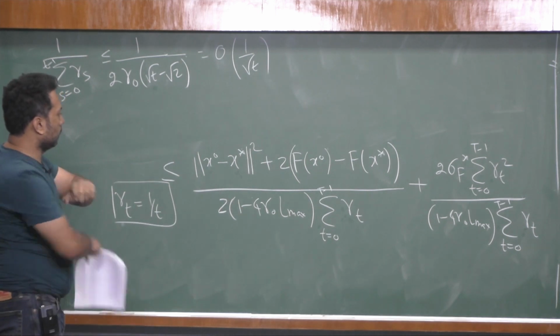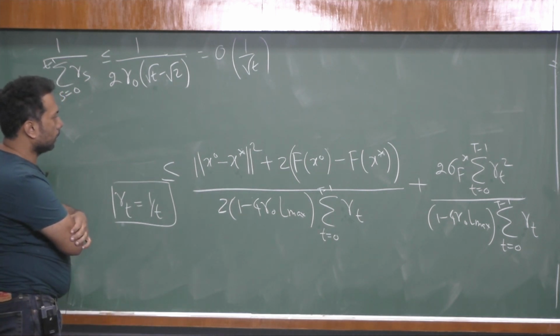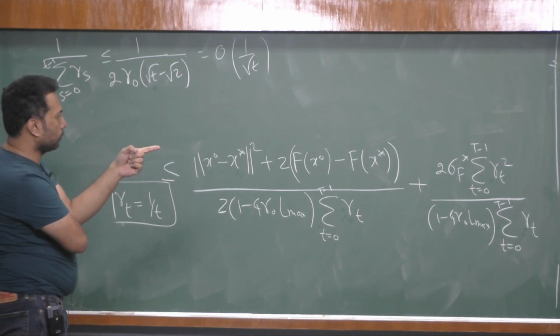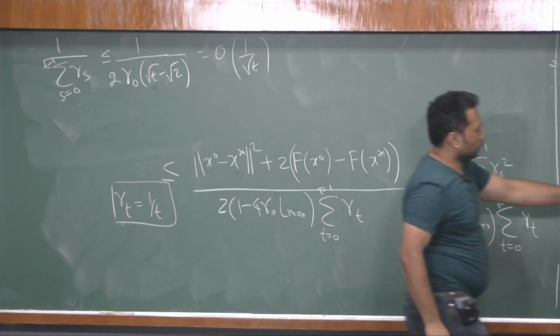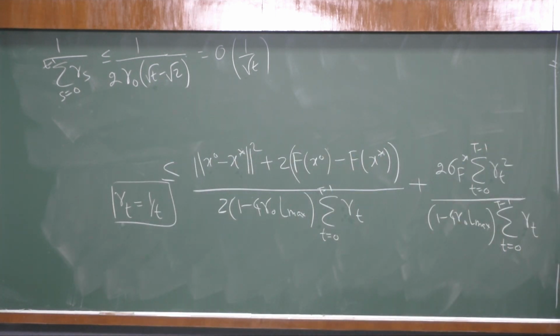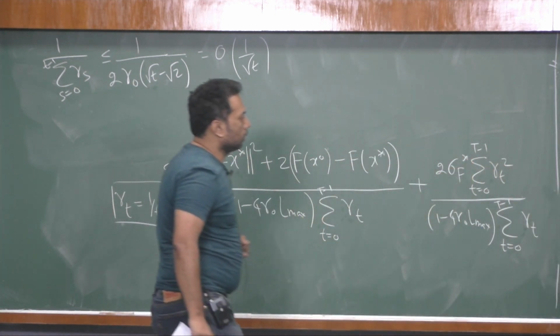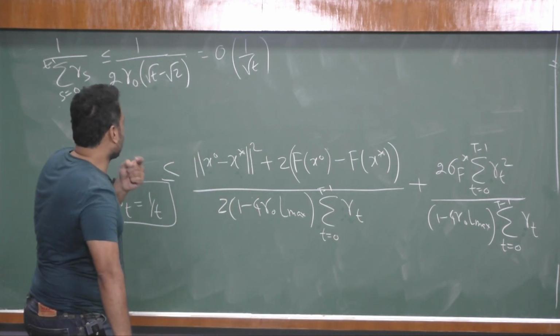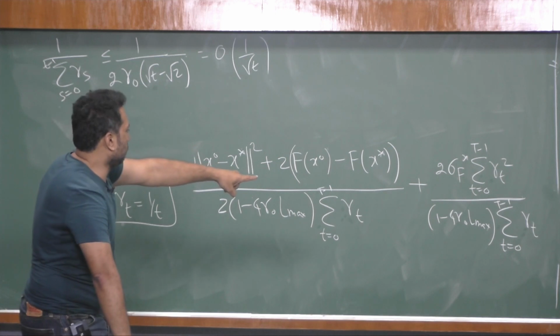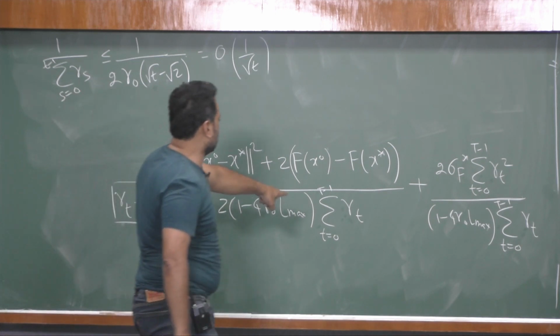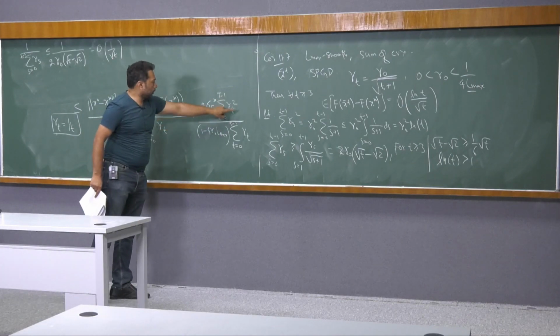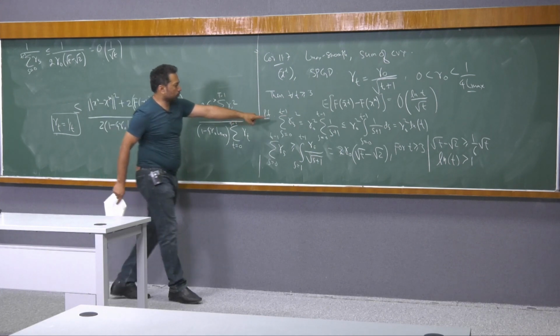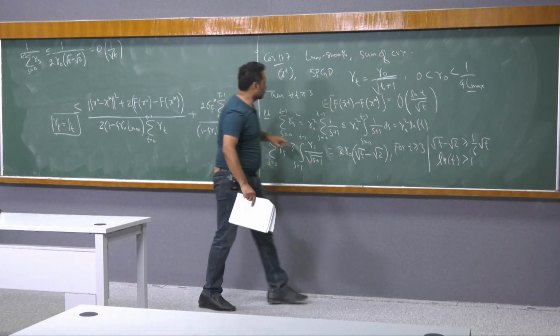So this is the bound for the denominator, and previously we had a bound for the square terms here, which is gamma naught square ln t. So ln t, the log of t for t greater than or equal to 3, is this term we have. This guy is bounded by gamma naught square log t.